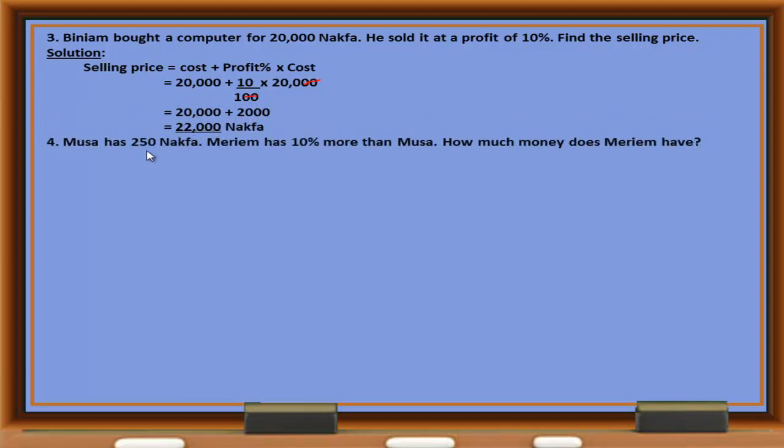Number 4, Musa has 250 nafa. Mariam has 10% more than Musa. How much money does Mariam have? Solution.